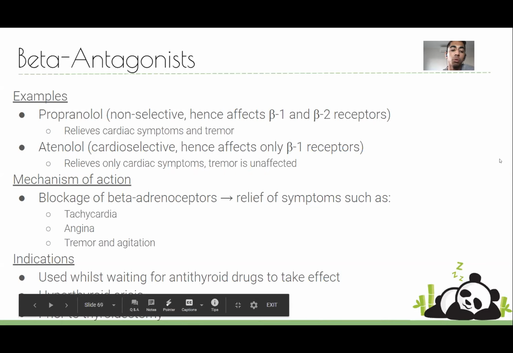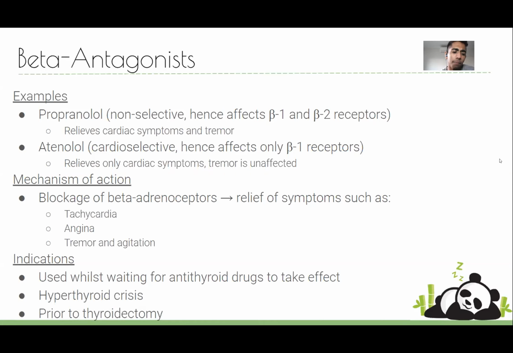These are generally used when we're waiting for our anti-thyroid drugs to take effect. As we said before, carbimazole takes about 4 to 8 weeks to actually kick into action. In between that time, we can't just let the person sit on their symptoms and live their life in agony. So we've got to give them some sort of treatment.